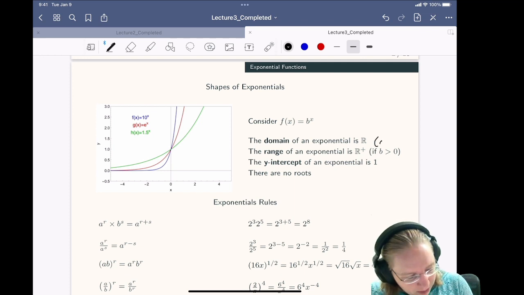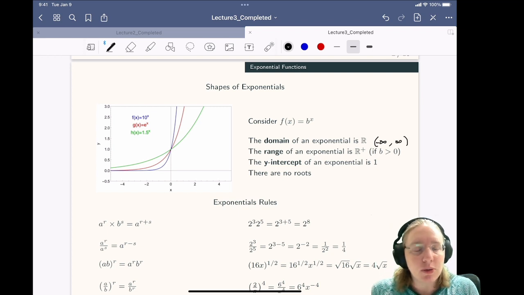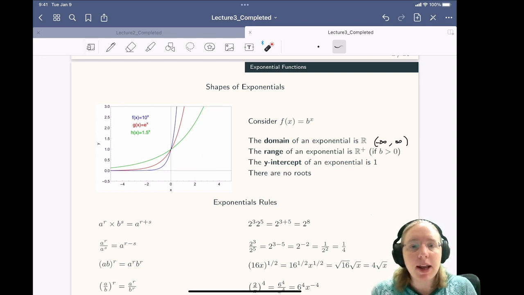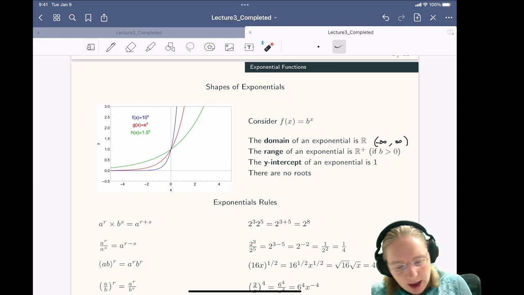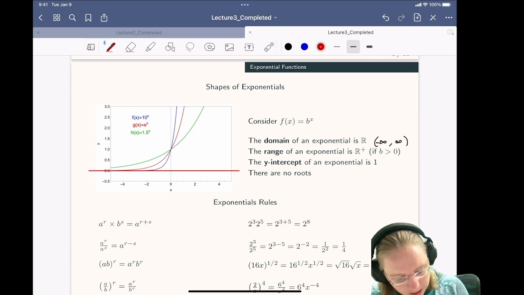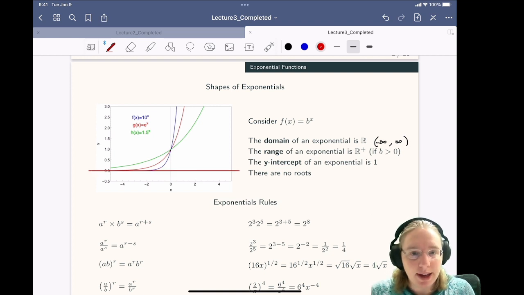Remember, we use an open bracket because we can never get to minus infinity, and we can never quite get to infinity, so we write those with open brackets. The range of the exponential function is the positive real numbers. It can be any positive real number, but it can't drop below 0. In particular, this is described by something called a horizontal asymptote. So we get closer and closer to 0, but we never quite get there.